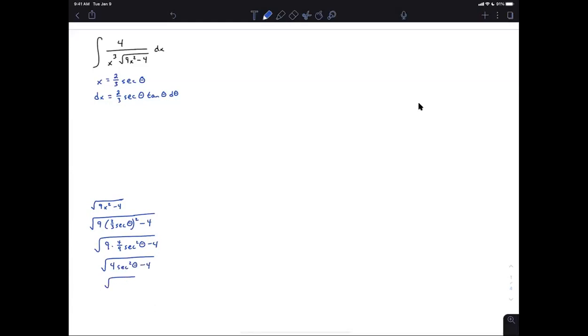The 4 factors out. Secant squared theta minus 1 is positive tangent squared. And then the square root of that is 2 tangent theta. Any questions to there? Everybody good doing that?